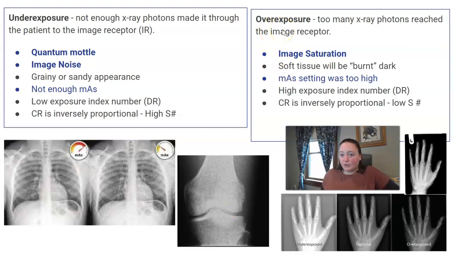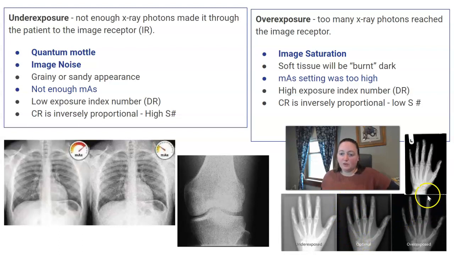And overexposure is when too many X-ray photons reach the image receptor. We'll use image saturation. You saturated that patient or that receptor with too many photons. What happens often is that the soft tissue, say around this hand, we're going to lose the detail of the soft tissue. So ideally we see some soft tissue around the fingers.